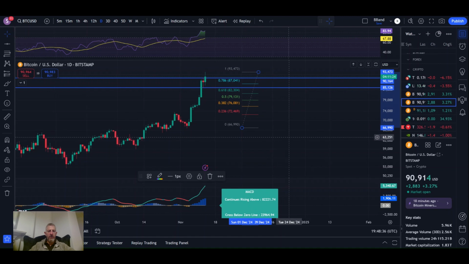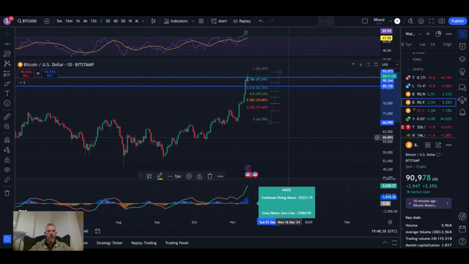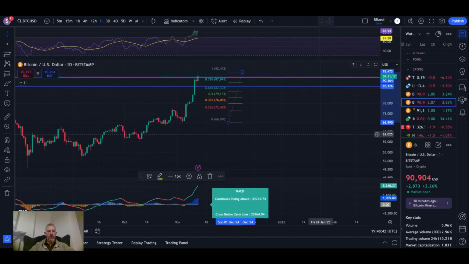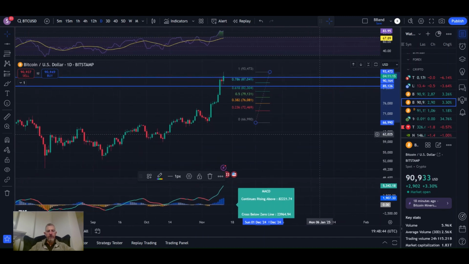With the nature of this uptrend on the daily time frame since the beginning of September, though, I would expect momentum to indeed provide a shallower pullback. So maybe somewhere in the realms of 82, 83,000, which is a $7,000 move from my price at the moment.